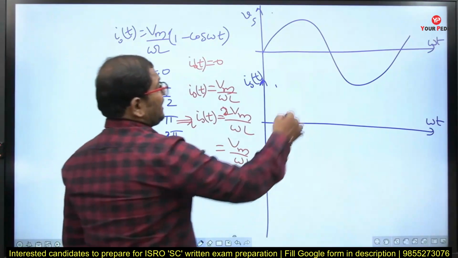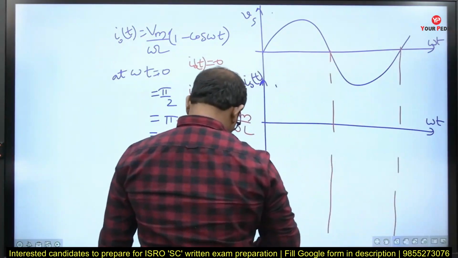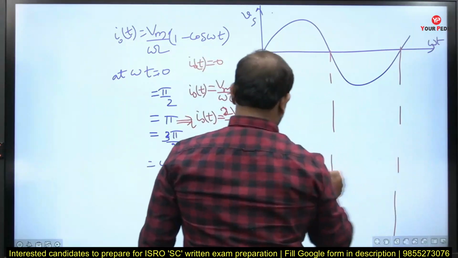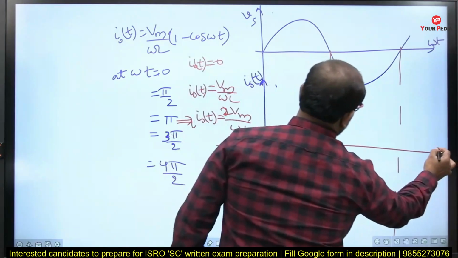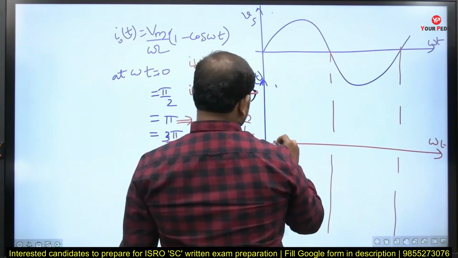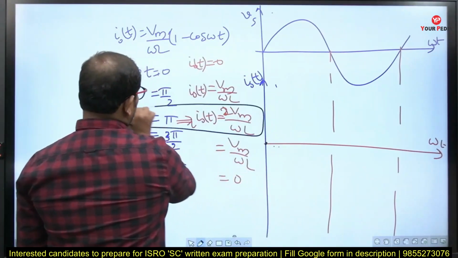So if you observe the current waveform, how is the current waveform changing? The current waveform is shifting. The current waveform is changing from 0 and reaches the maximum value at what angle?